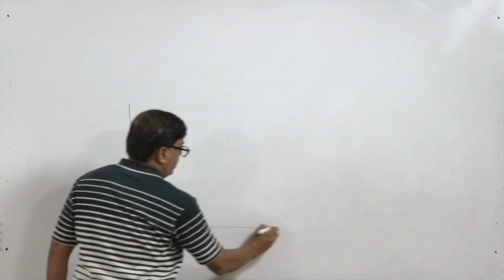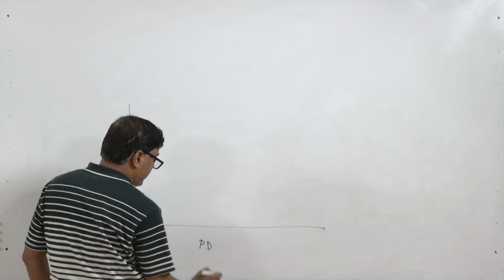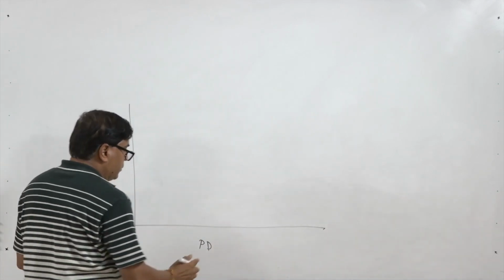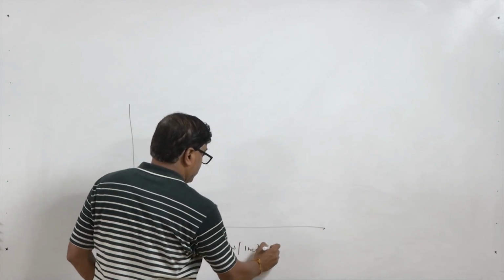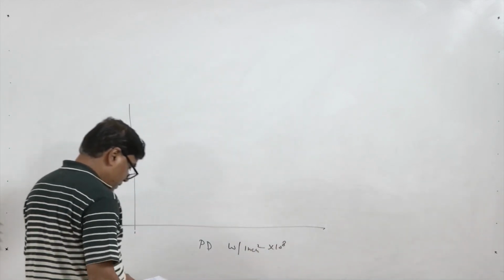For this purpose, what we need to see is one diagram. Here we have power density in terms of watts per square inch, in 10 to the power 8.